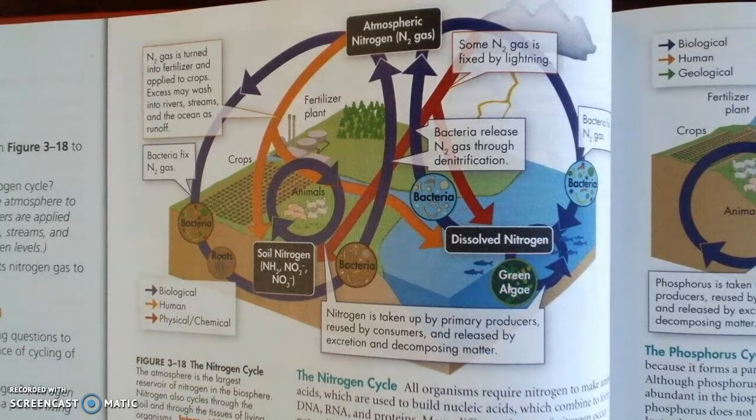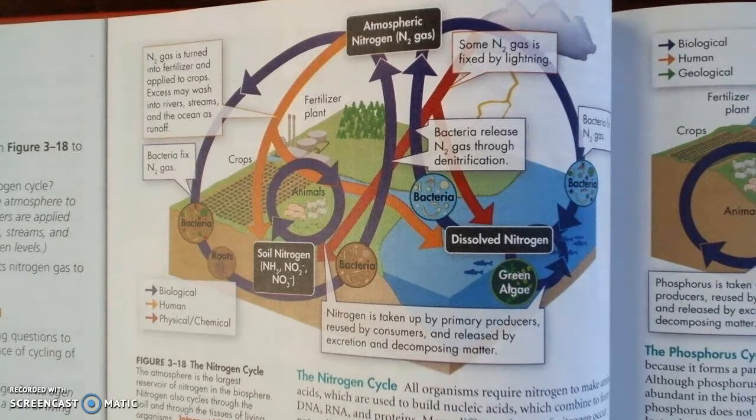So nitrogen is a really important element for living things. If you think to our eutrophication activities with algae, we were adding nutrients, and some of those nutrients were in the form of nitrogen or nitrates that we gave the algae to help it grow.